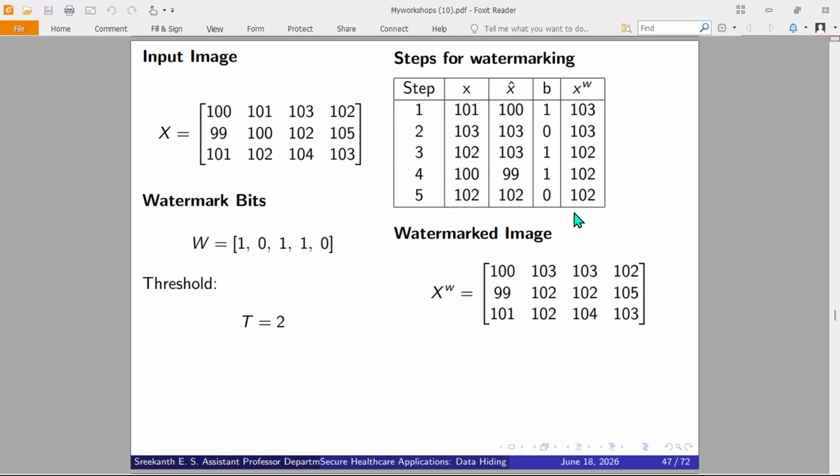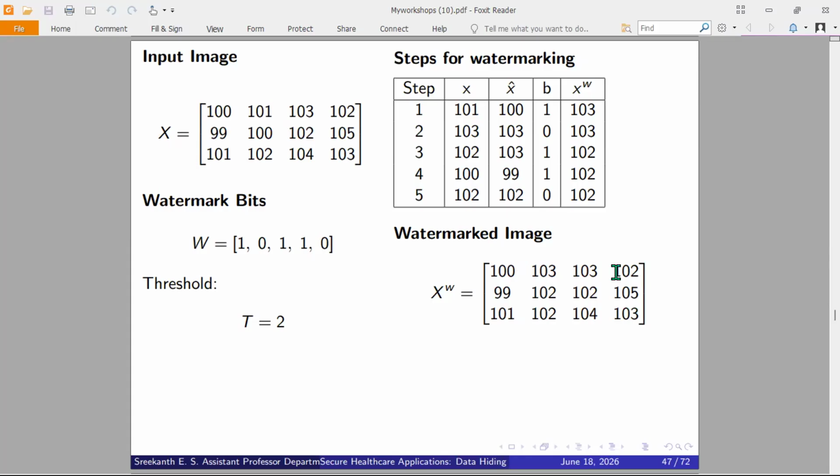This is the marked image we are getting. This is the resulting watermarked image. See how the values are changing. 101 is changed to 103, 103 is as it is, 102 is 102, and 100 is changed to 102, and this is also the same.